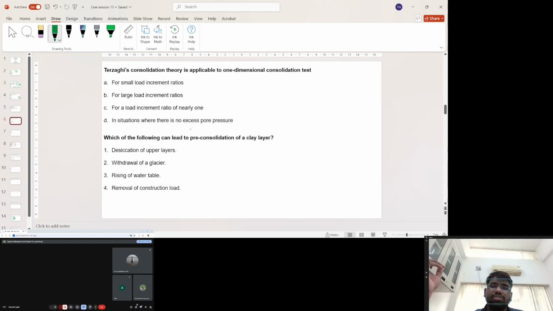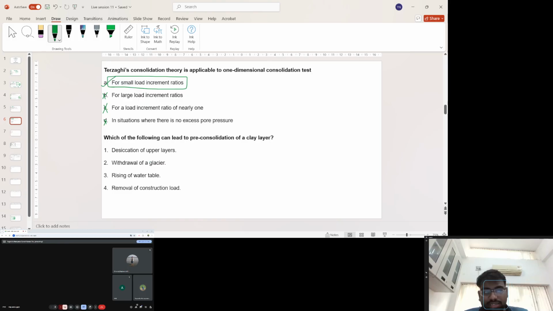In situations where there are no excess pore pressures, that does not bring consolidation into play itself, so it is also not right. It is incomplete. For large load increment ratios, Terzaghi's theory is not applied. One of the primary assumptions is that the load increment ratio should be small. All right. So option A is right.